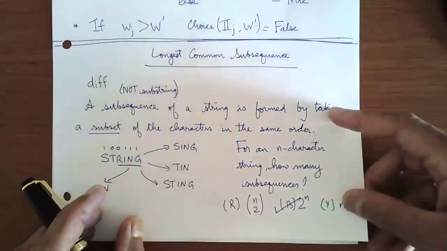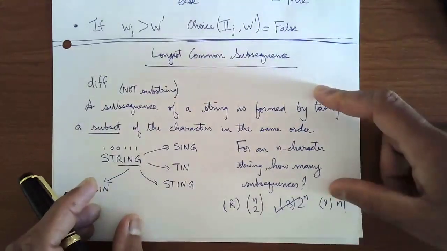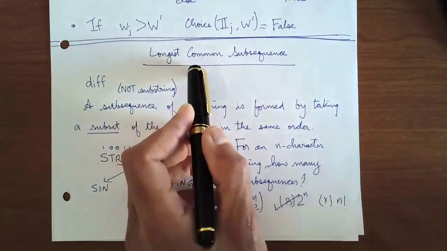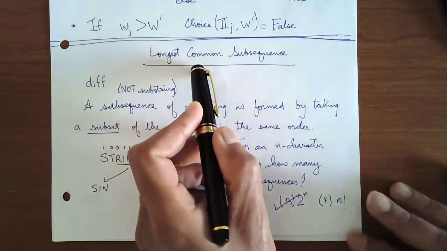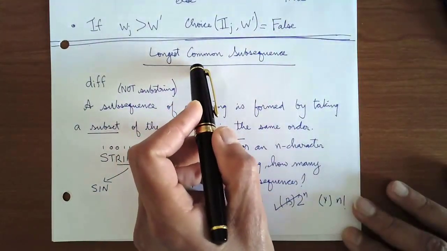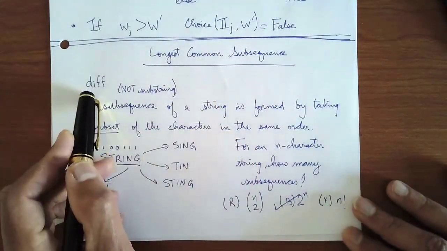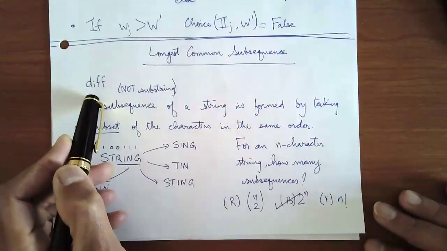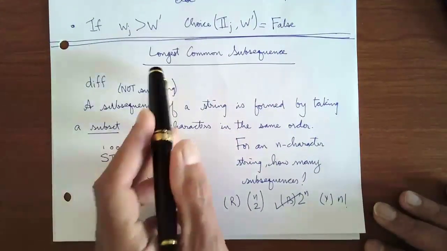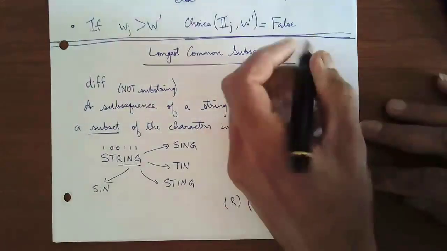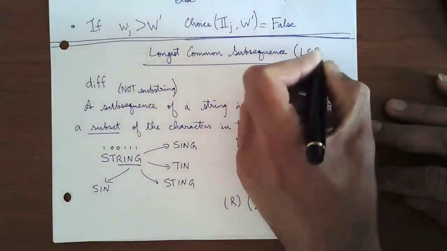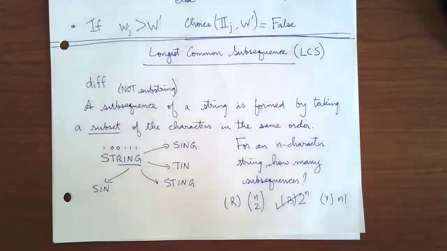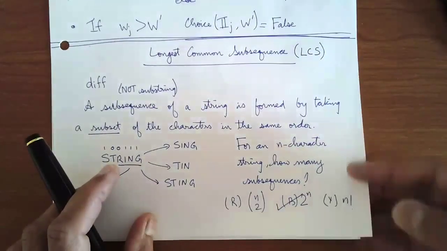The problem is, given 2 strings, find the length of the longest common subsequence, and also find the longest common subsequence itself. This is a very important problem. If any of you have used the diff utility in Linux, it's basically doing some version of longest common subsequence. The LCS problem is also used in genome sequencing, so it's a very important problem that is studied.